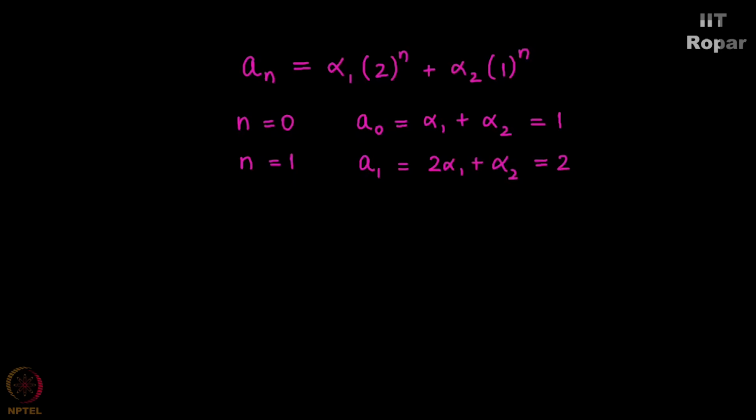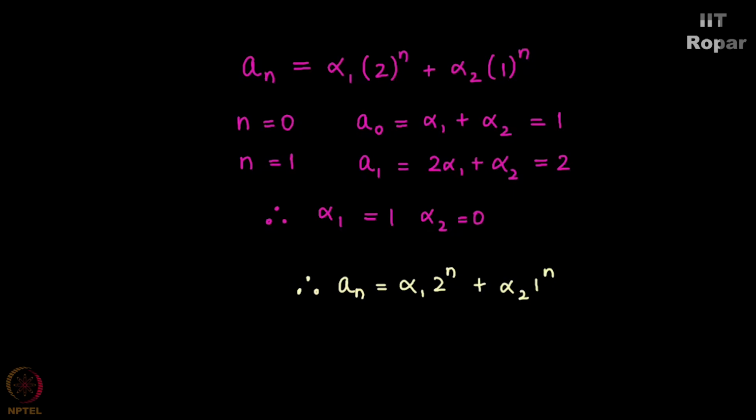So 1 is equal to alpha 1 plus alpha 2 and 2 is equal to 2 alpha 1 plus alpha 2. Now, when we solve these simultaneous equations, we see that alpha 1 is 1 and alpha 2 is 0. So, I can substitute these values back. What will I get? an is equal to alpha 1 times 2 to the n plus alpha 2 times 1 to the n.